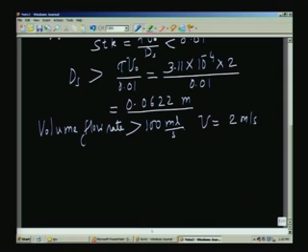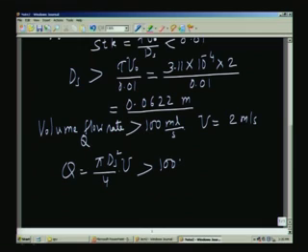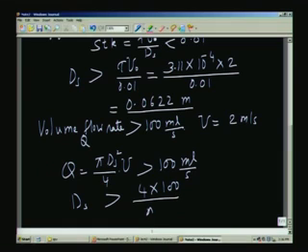Therefore, this volume flow rate, if I call it q, is pi ds squared by 4 times the velocity u, and this should be greater than 100 milliliter per second. So ds should be greater than the square root of 4 into 100 divided by pi times u.